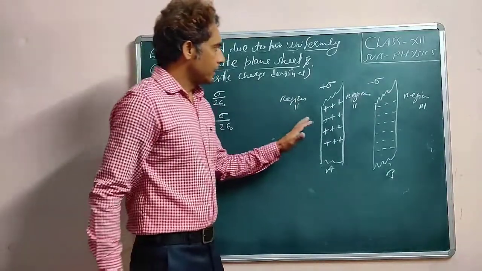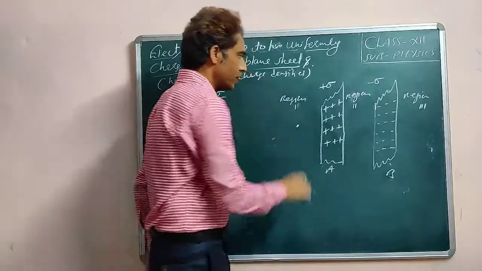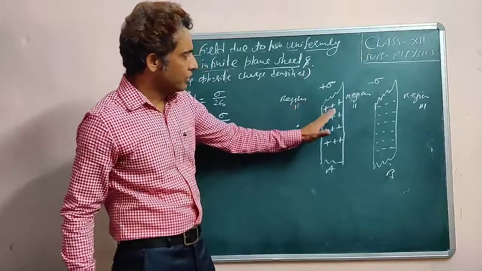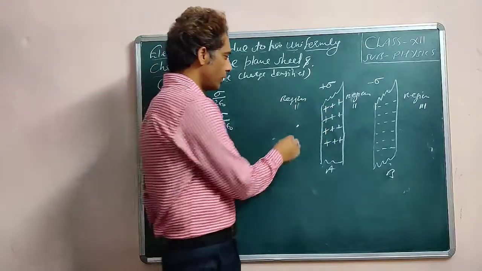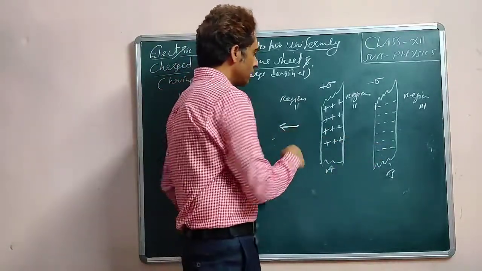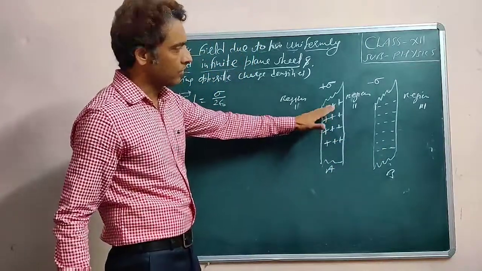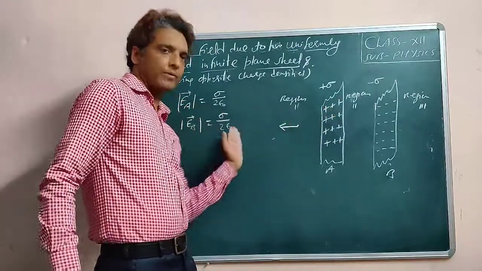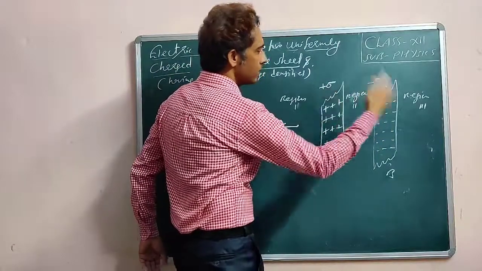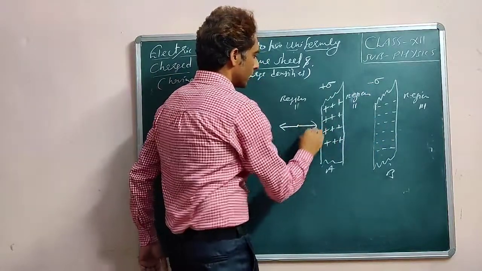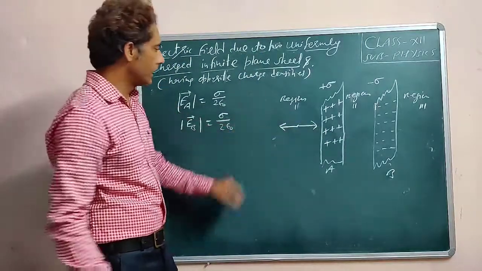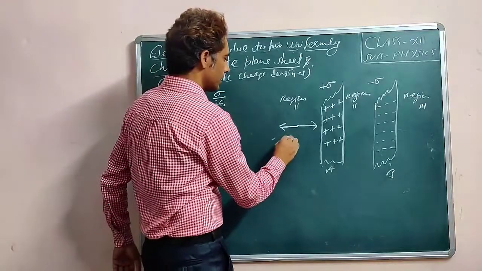So if I consider this point in region 1, the direction of electric field due to the positively charged sheet is toward left, and electric field intensity due to the negatively charged sheet is toward right. The magnitude of both these electric field intensities is the same, so the net electric field intensity here is 0.